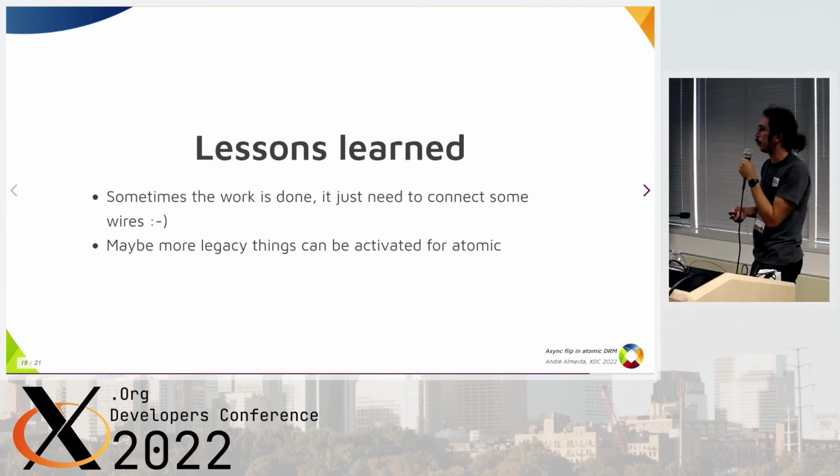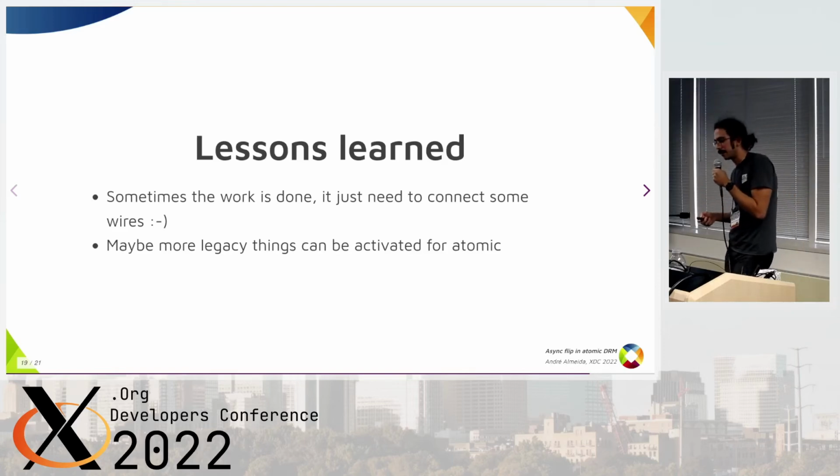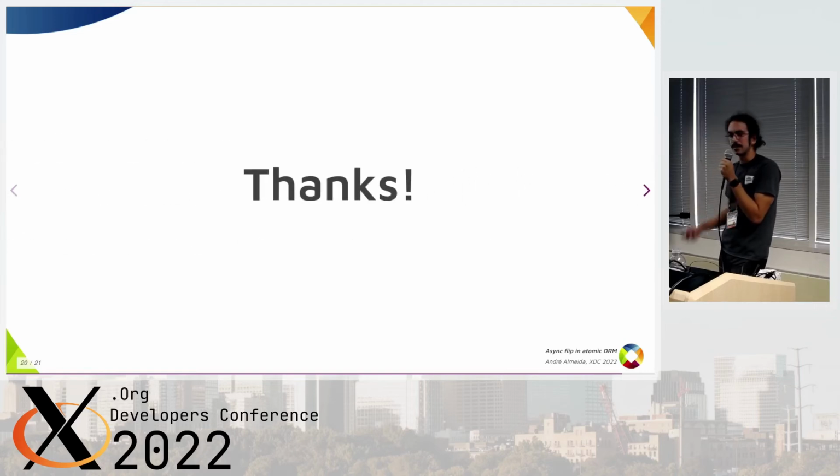And maybe we have more things that were on the legacy DRM API that we left behind, and we want to have back on the Atomic. And maybe it's simpler like that, because a lot of the machinery of Atomic is being converted. And yeah, I think that's it. Does anyone have any questions, comments?